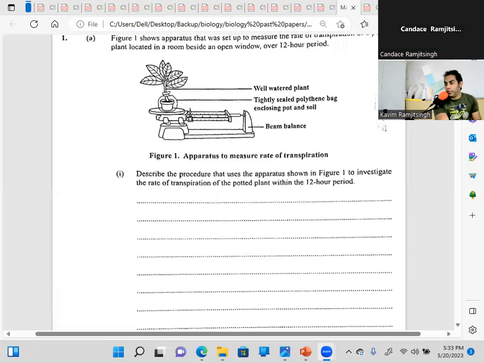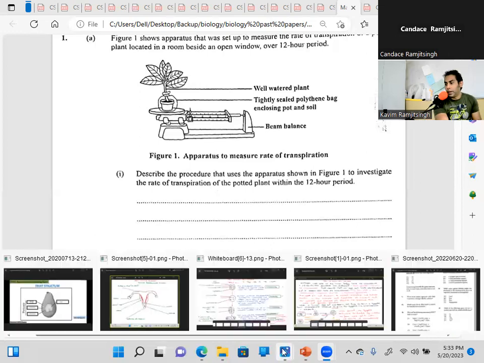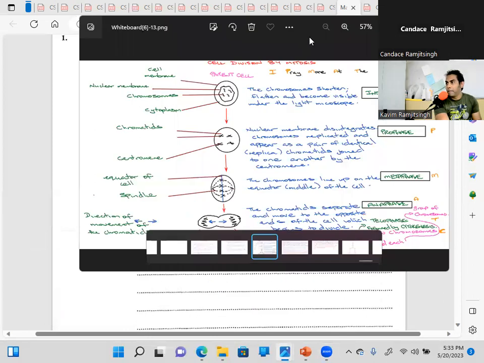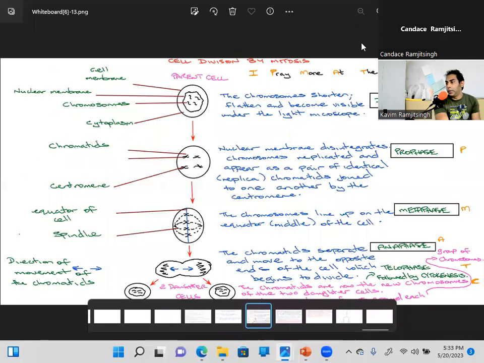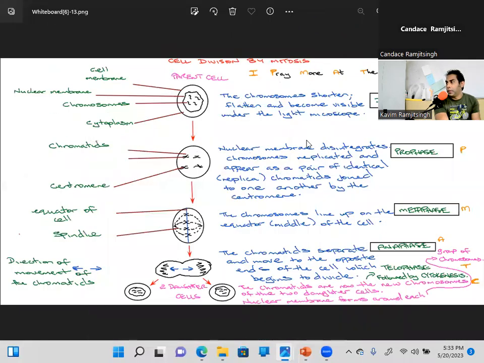That is this diagram here. So make sure you find this in your notes, right? Find that in your notes and make sure you know how to draw and label each one, right?